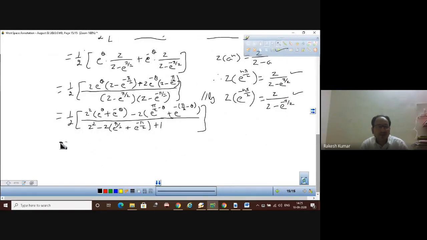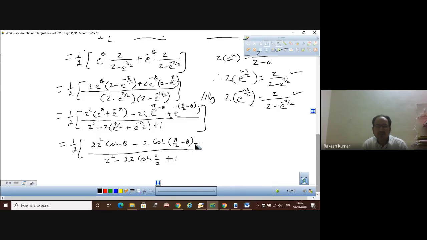By the formula, it can be 1 by 2, then 2z square cos hyperbolic theta minus z cos hyperbolic (pi by 2 minus theta), and in the denominator z square minus 2z cos hyperbolic pi by 2, because the angle is pi by 2 there, plus 1.